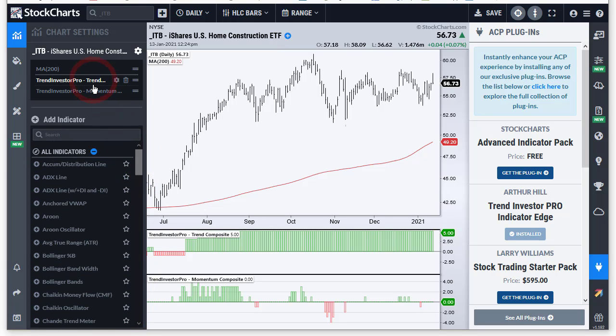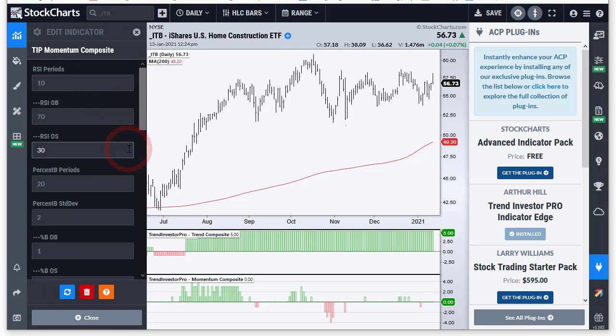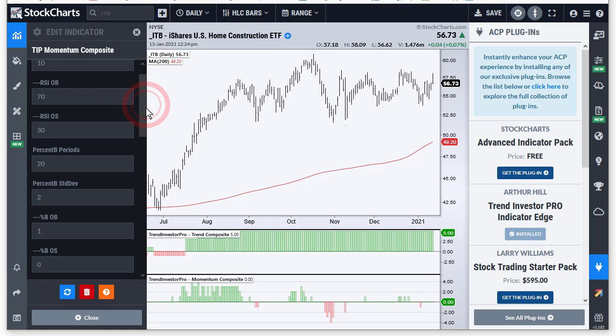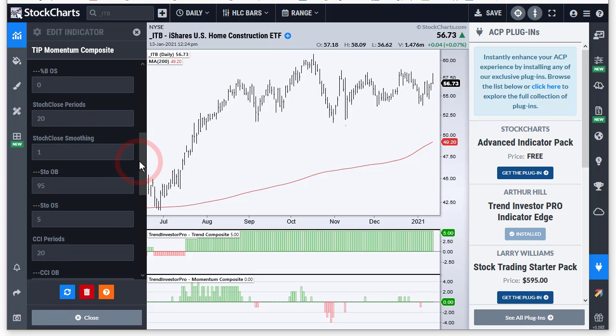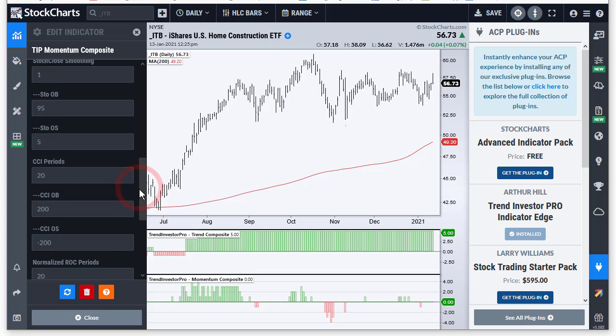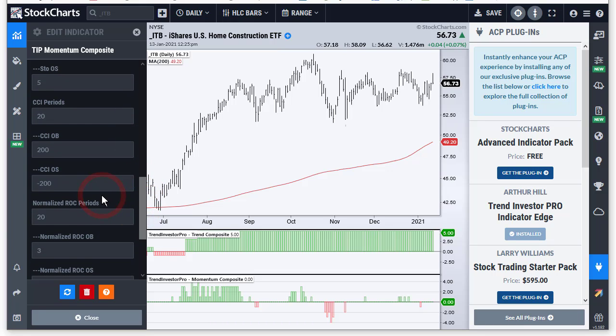And so I'm going to just adjust the settings on the Momentum Composite a little bit to make it a little more sensitive. In particular, I'm going to adjust the Commodity Channel Index. I've got 20 periods, but I'm going to adjust it to 100 for overbought and -100 for oversold.